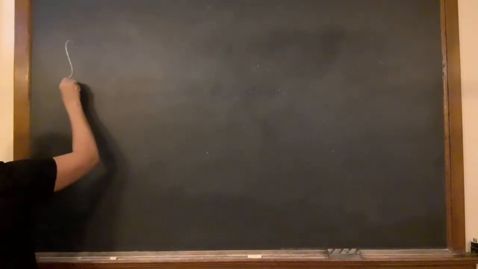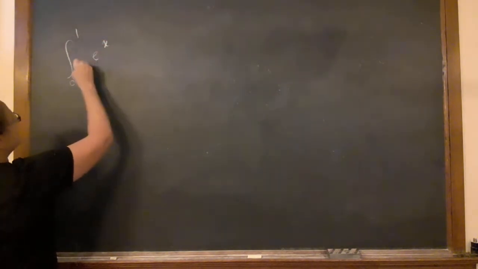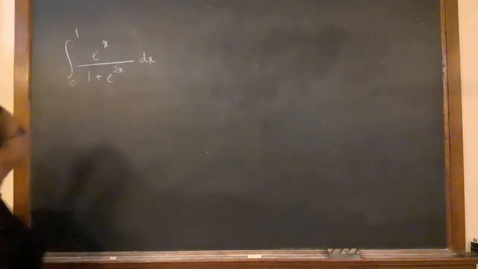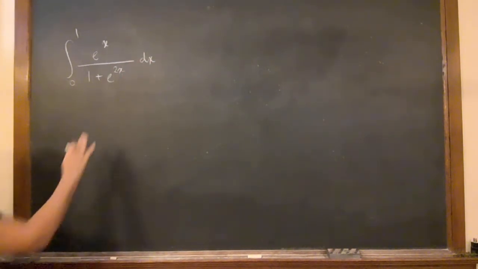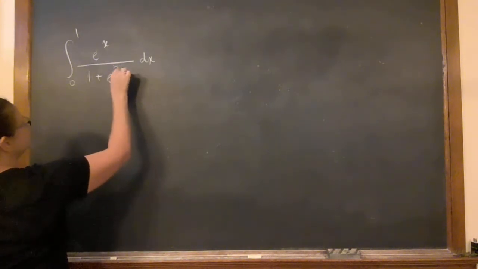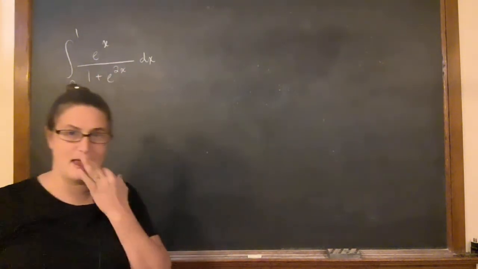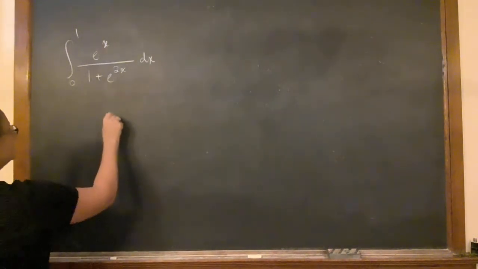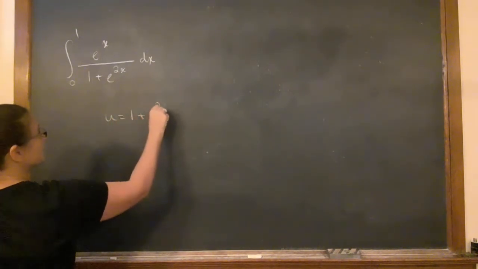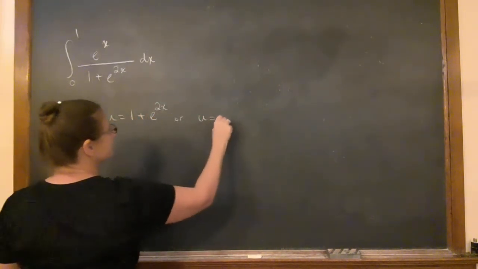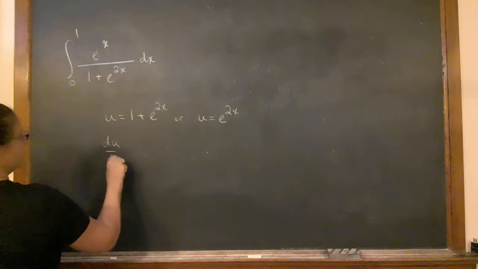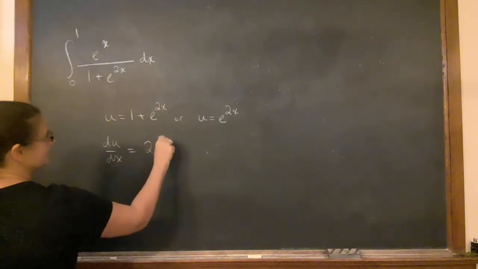What was that problem? Integral from 0 to 1 of e to the x over 1 plus e to the 2x dx. Okay, so this is another one of those where maybe your first choice might not be the right choice, because if I do u equals 1 plus e to the 2x, or u equals e to the 2x, either way my du is still with the 2, right?